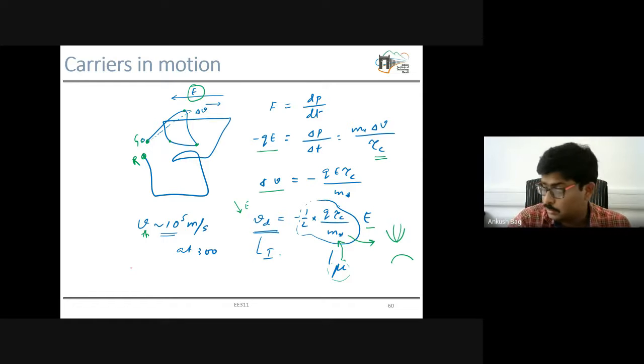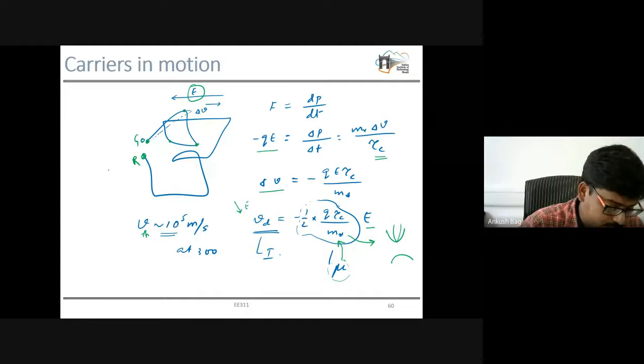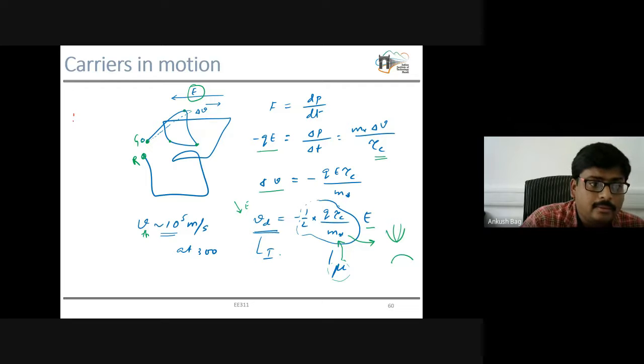So now just quickly, if we calculate, let's say, here, just simply your current I equals nothing but Q divided by T. Q is the total charge flowing, and per unit time it is your current in amperes.